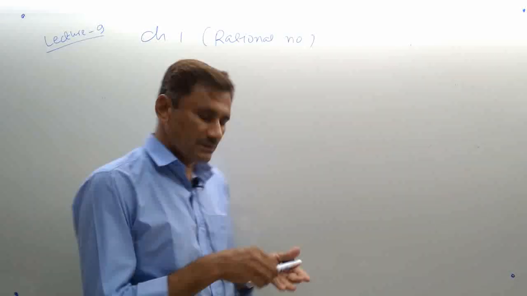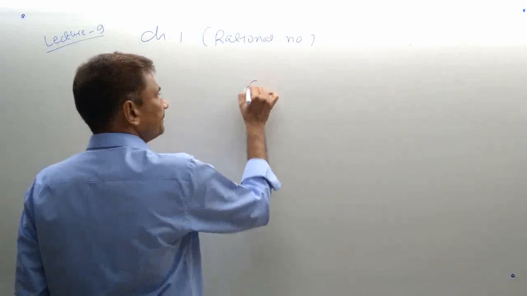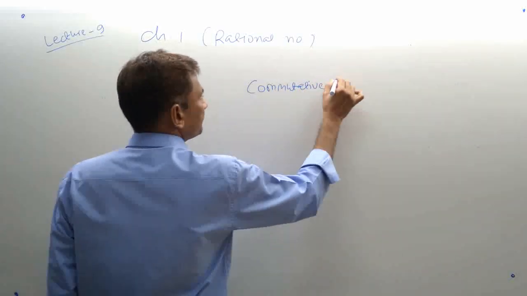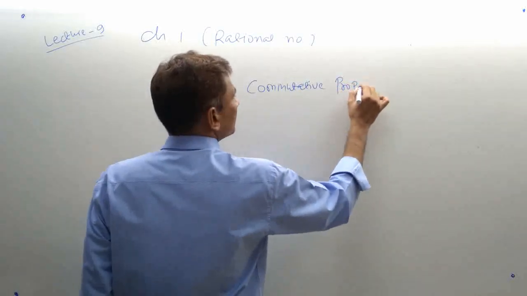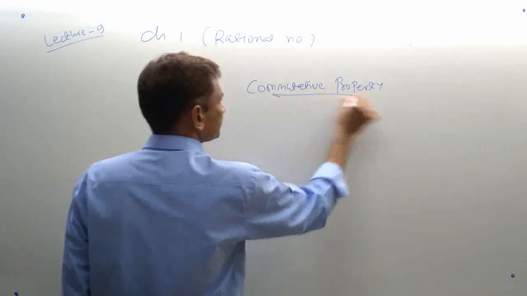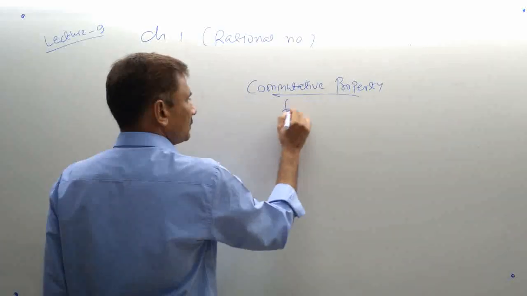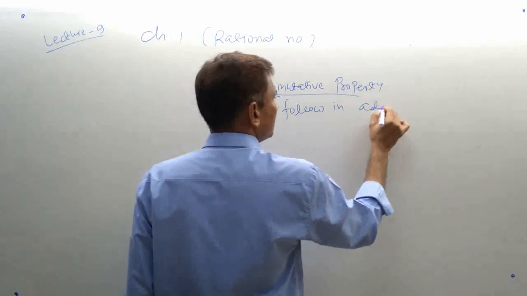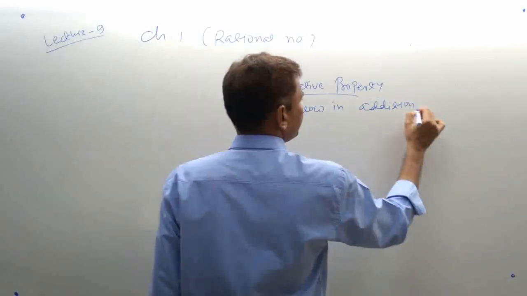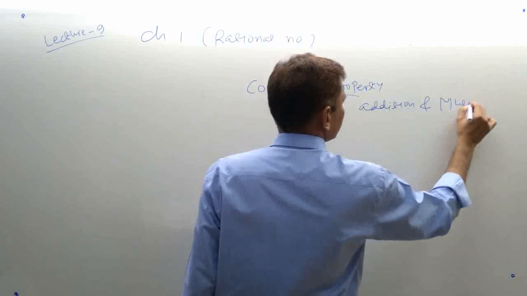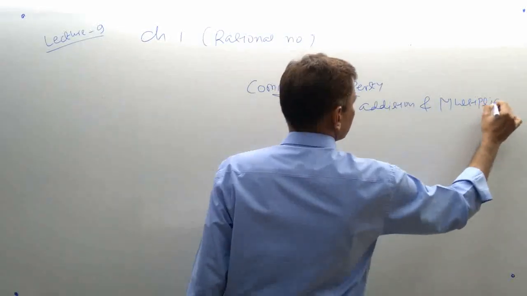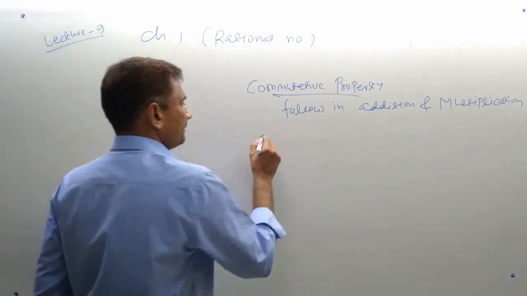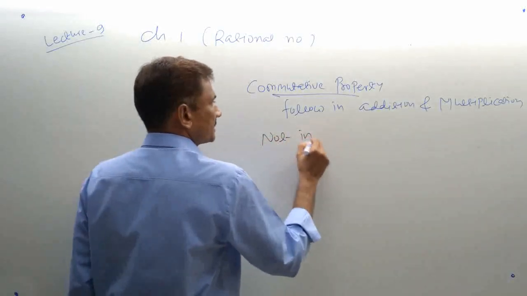So where does commutative property follow? Again we are talking about everything, not only multiplication. Commutative property follows in addition and multiplication only, but not in subtraction and division.